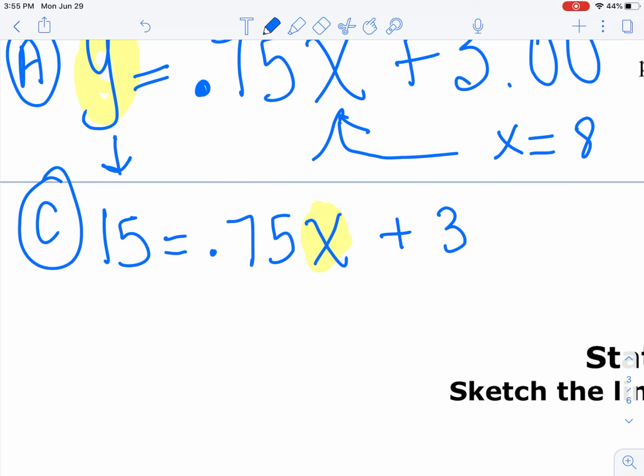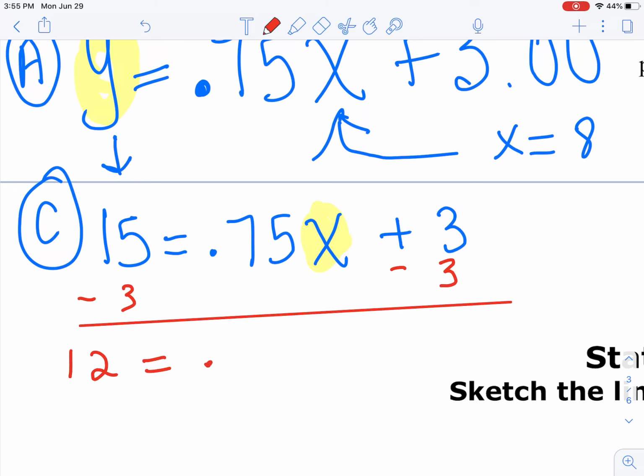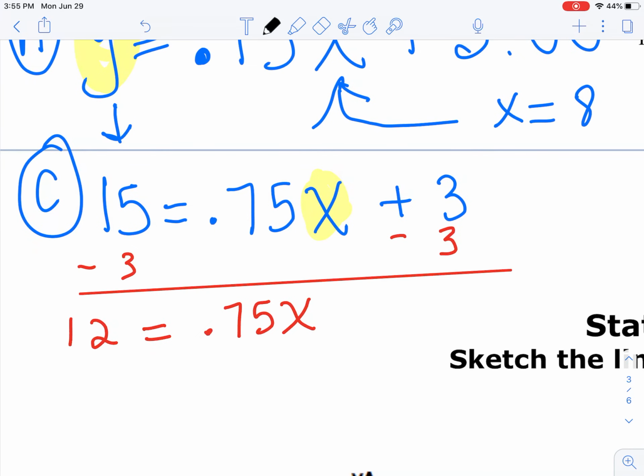So solving equations, I know it's been a minute or two, we're going to start by isolating the term that contains the variable. So we're going to undo by subtracting 3 from each side. So 15 minus 3 is 12, which equals, bring down the 75 cents per mile. Okay, and now to undo the 0.75 times, we do the opposite of multiplication, which is division.